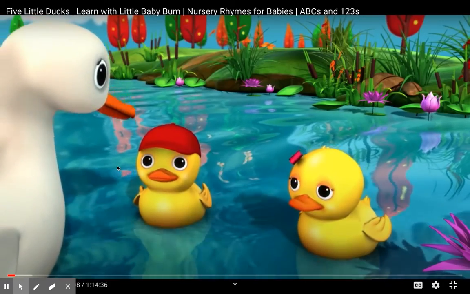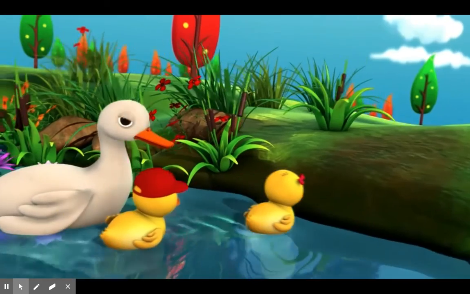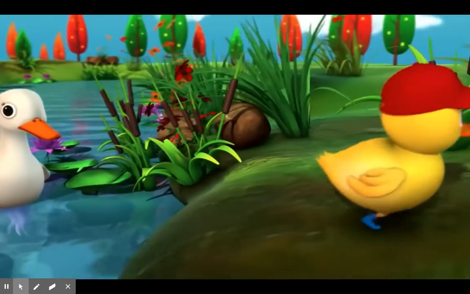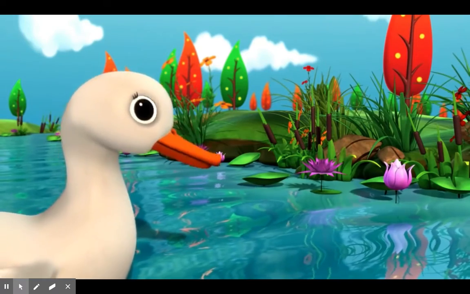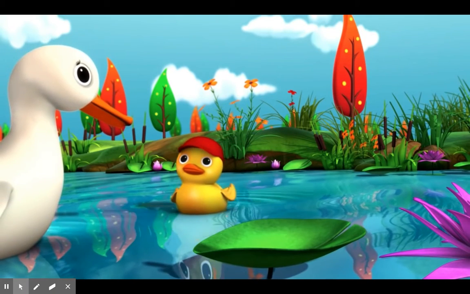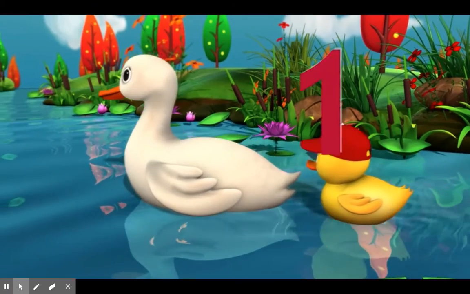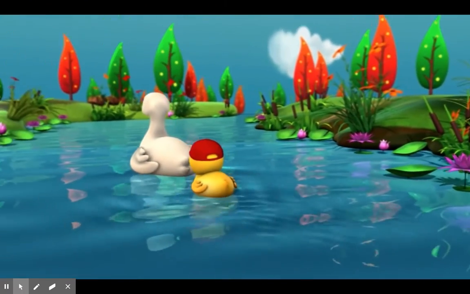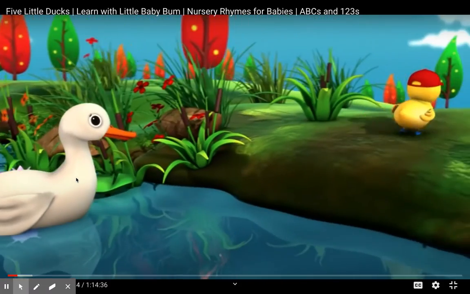Two little ducks went swimming one day over the hill and far away. Mother duck said, quack, quack, quack, but only one little duck came back. One little duck went swimming one day over the hill and far away.